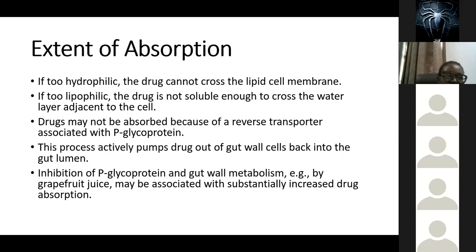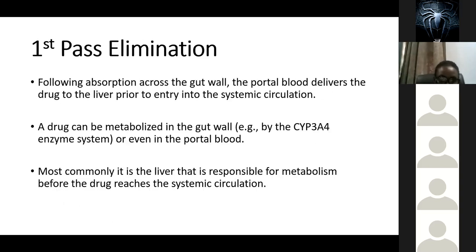If you have anything that inhibits this P-glycoprotein, then you will be able to increase drug absorption. For example, grape juice has been found to be associated with substantially increased drug absorption because it inhibits the P-glycoprotein and gut wall metabolism. So let's try and understand what the first pass elimination is.